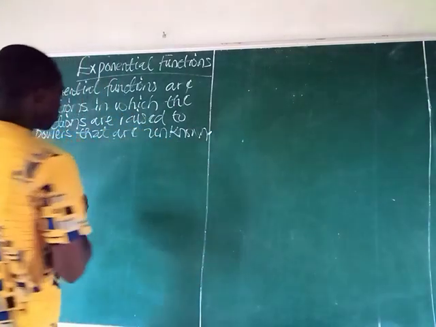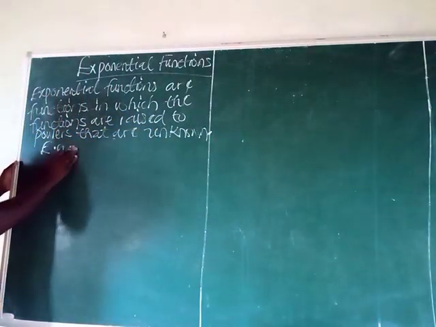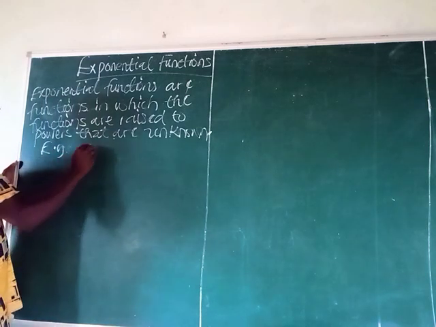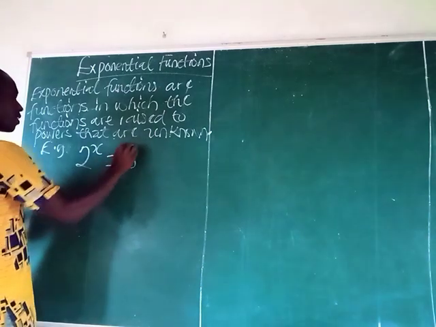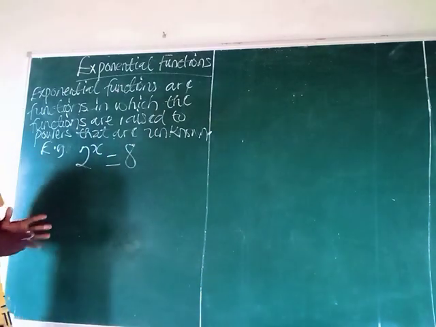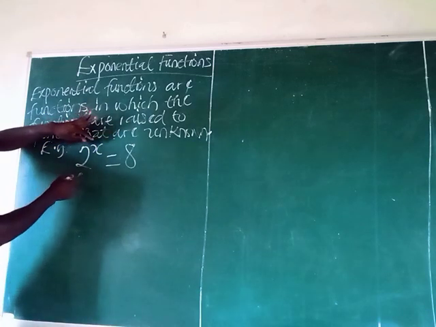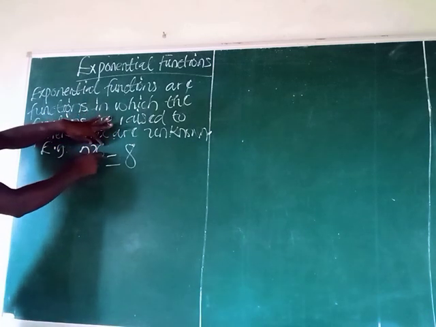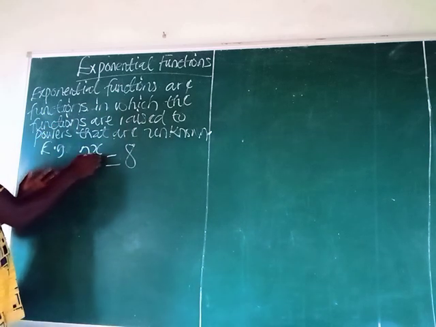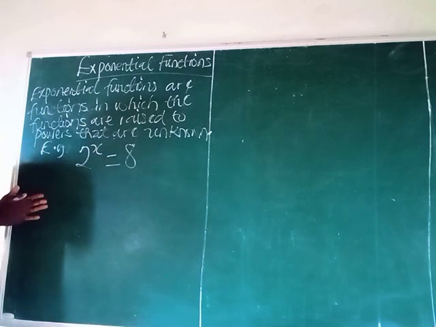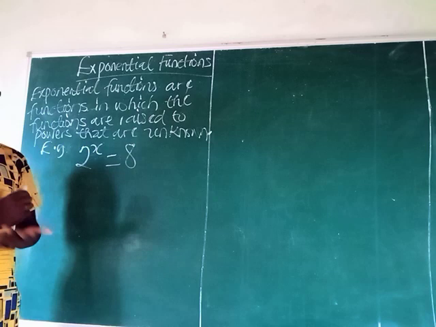For example, we have exponential functions like, say, 2 raised to the power of x equal to 8. This is an exponential function because the power is a number that is unknown, or a term that is unknown.